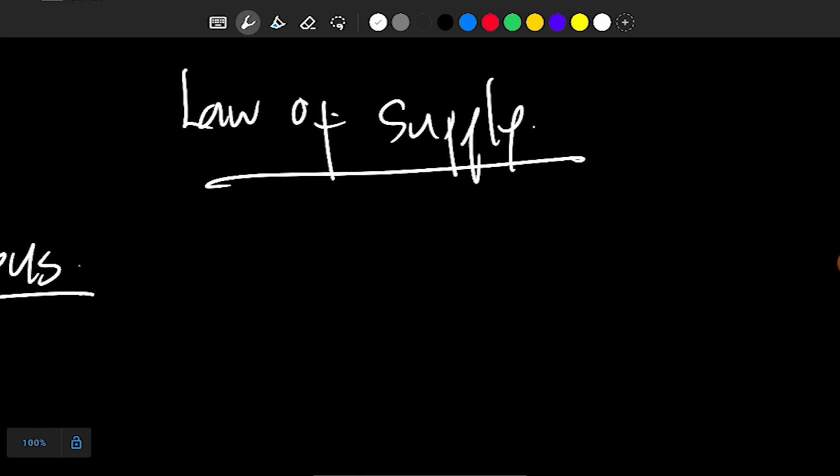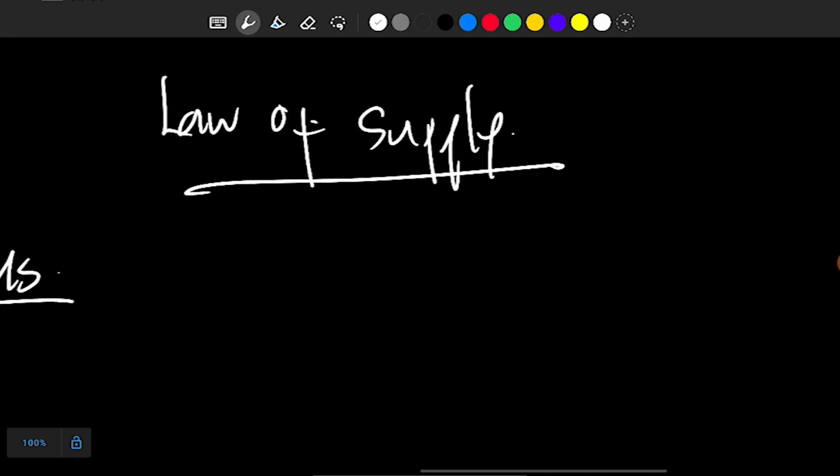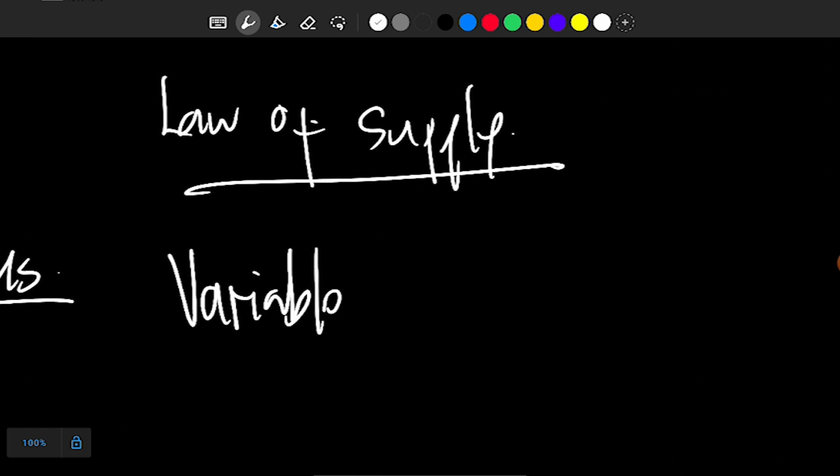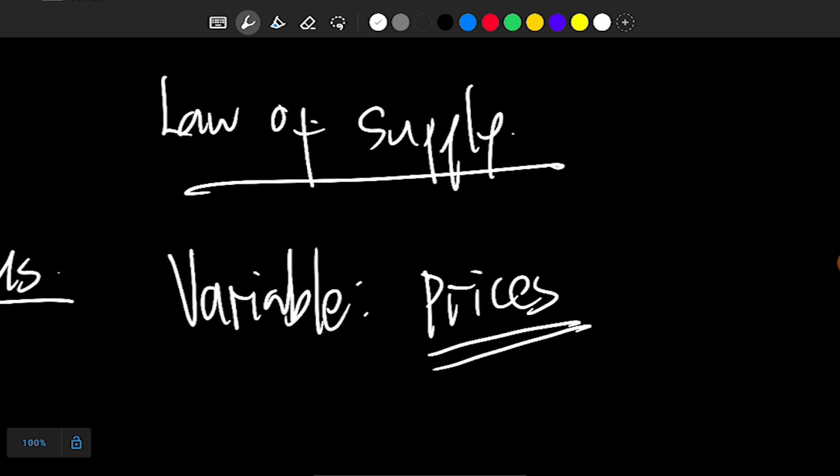Initially, we had said that there are two forces in the market. There is the demand, which is the consumers that are responsible for pushing demand. And then the supply side, the producers or the companies that produce goods and services that are responsible for the supply side. What we are varying in this case, or the main variable here, is prices of goods and services.